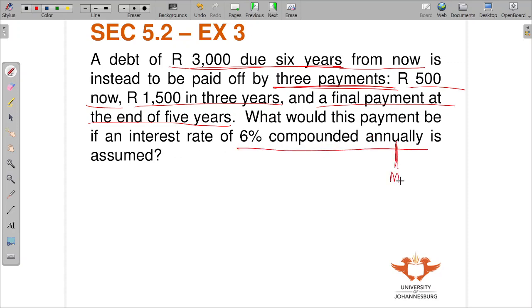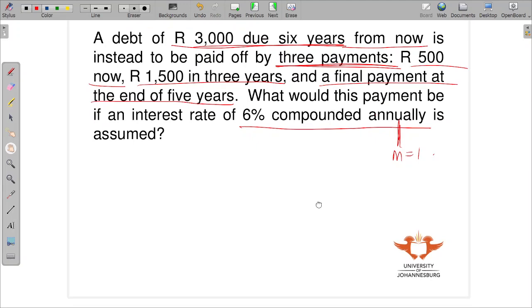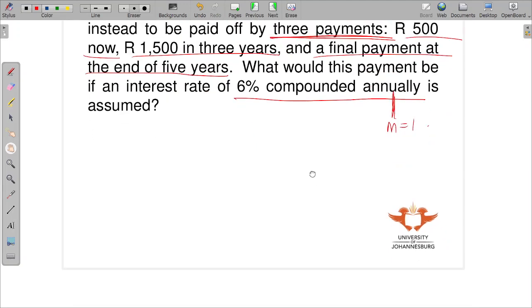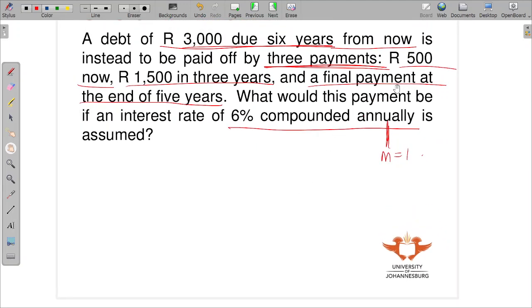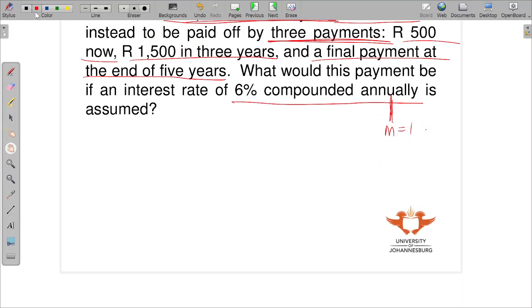So that means my m is 1, so I can as well ignore it. It's assumed. So now we want to find the final payment at the end of 5 years. So we draw our timeline.